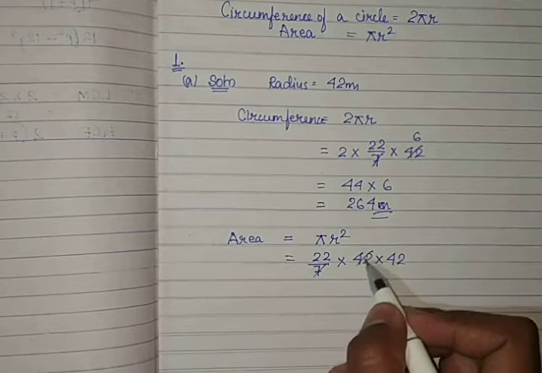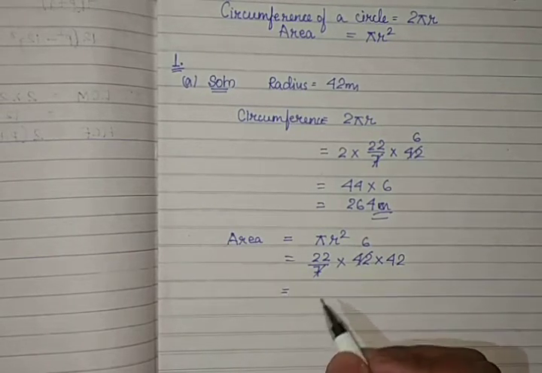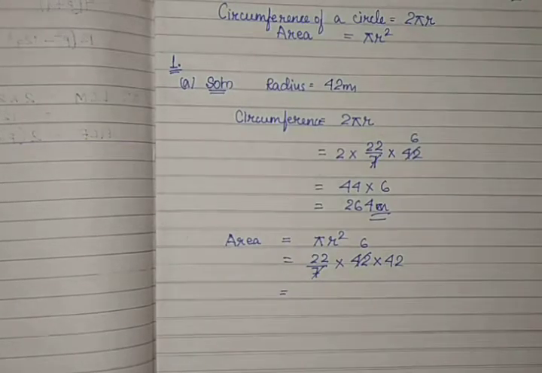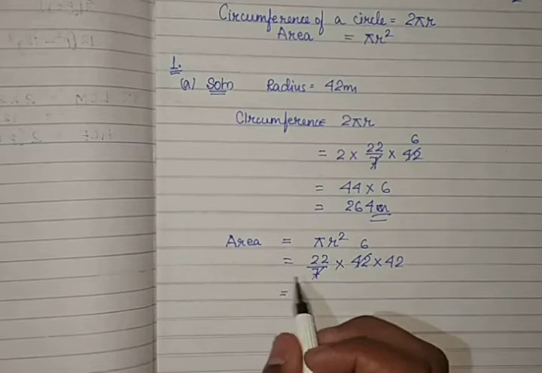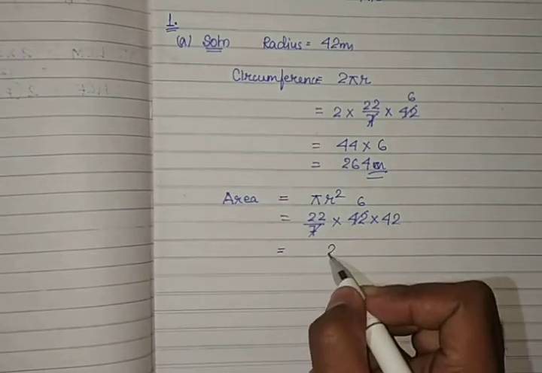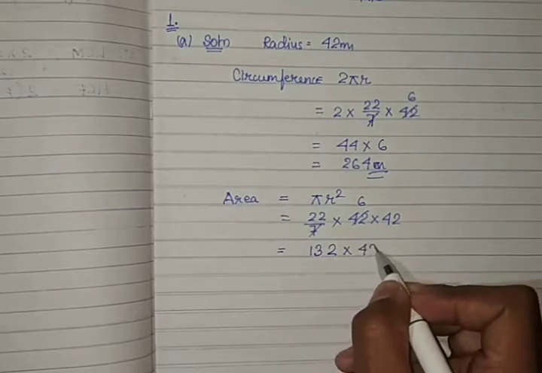Now this can be reduced: 22 into 6 into 42. Multiplying 22 by 6, 6 2s are 12, 6 2s are 12 plus 1, 13, 132, and here it will be 42.